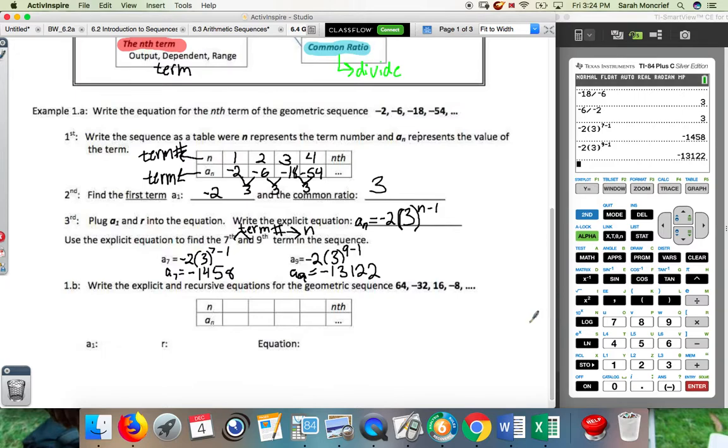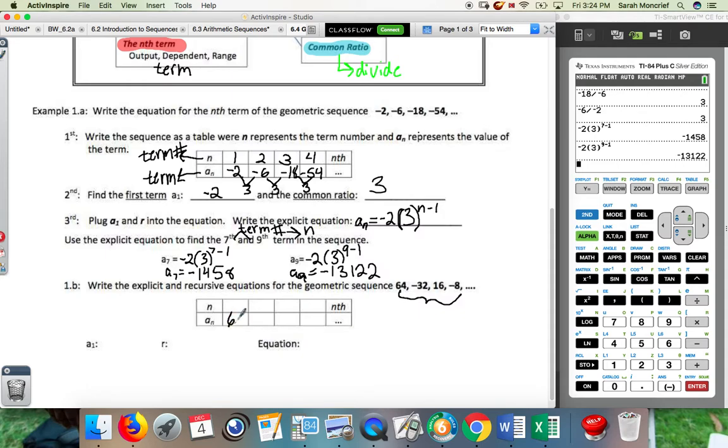Alright, now let's look at 1b. 1b says write the explicit and recursive equations for the geometric sequence 64, -32, 16, and -8. So let's start with figuring out what these numbers are. Terms or term numbers? You betcha, they're terms, so they're going to go in a sub n.